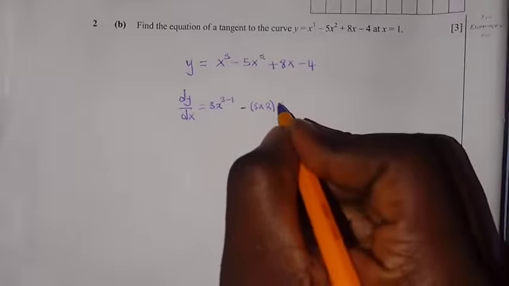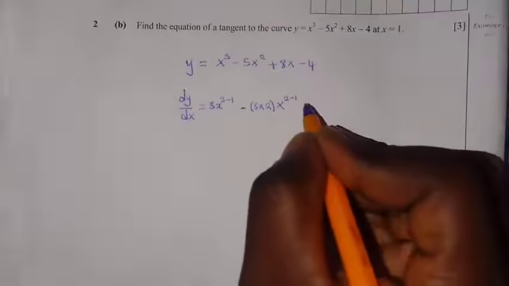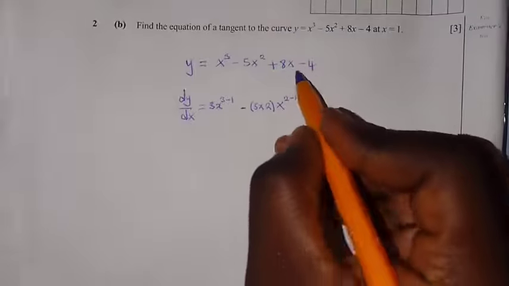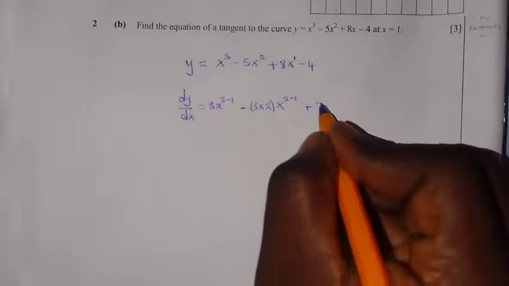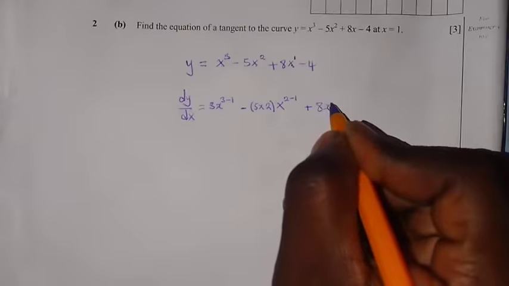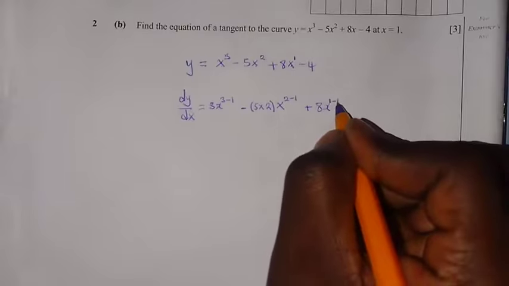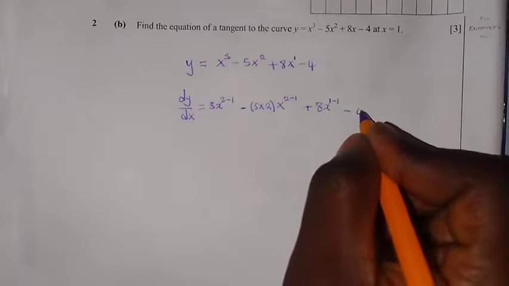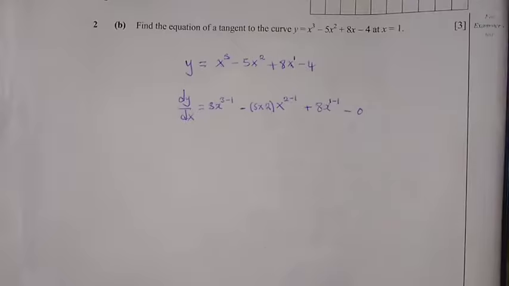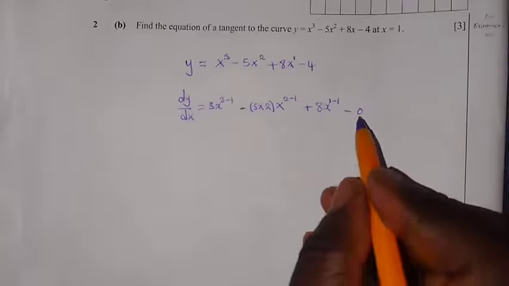Okay, then x power 2 minus 1, then plus, so this x is having a power of 1, so 1 times 8, you still get 8, then x power 1 minus 1. Now to differentiate this constant, this will be a 0. Okay, to differentiate a constant there, it's a 0.